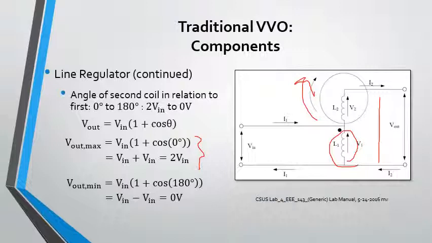And for the minimum output, rotating all the way around 180 degrees would cancel out the voltage of Vn and generate 0 volts. This is useful so that the line regulator can custom tailor the voltage output as it needs to boost the voltage on the feeder lines up to the per unit value.